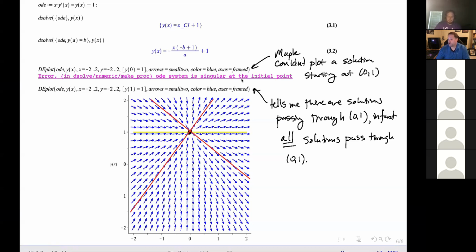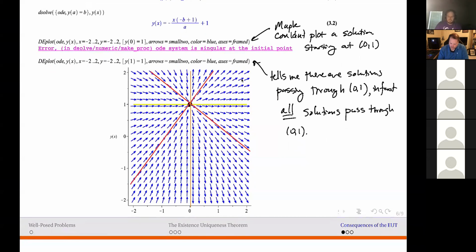Where did we say we wouldn't get solutions? Right here. No solutions guaranteed if A equaled 0.